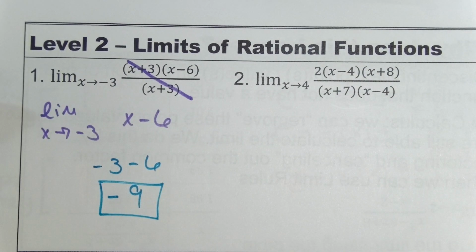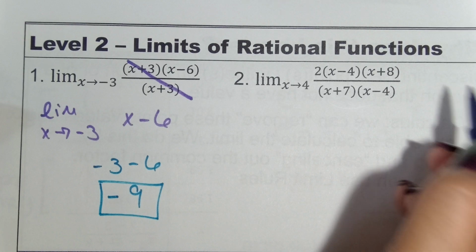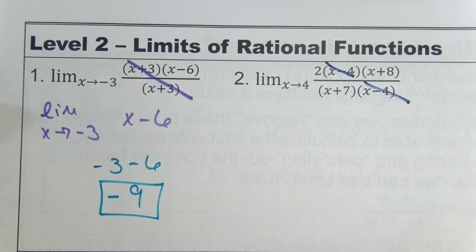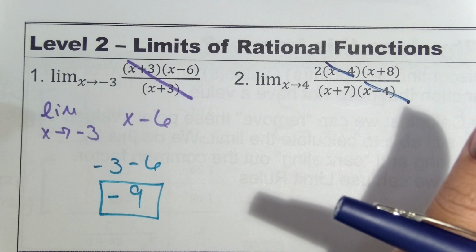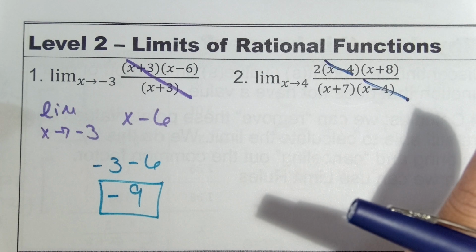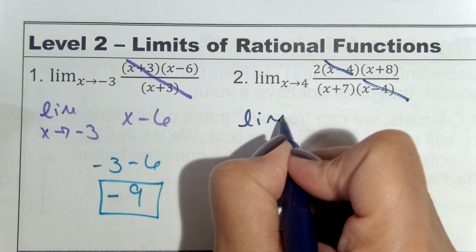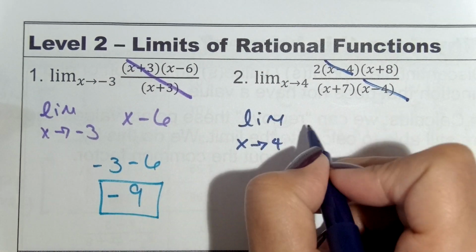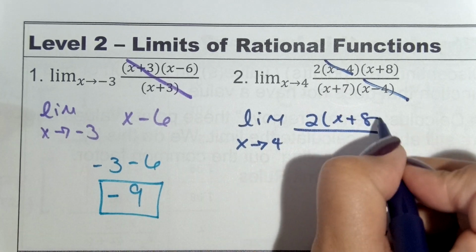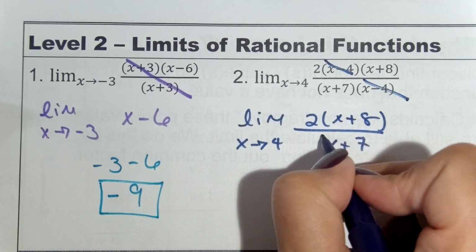What are my common factors? X minus 4. So I identified them, and now I'm going to cross them out. Questions? Now what do I need to do? Rewrite it. So we have the limit as x approaches 4 of 2 times x plus 8 over x plus 7. Now what do I do?